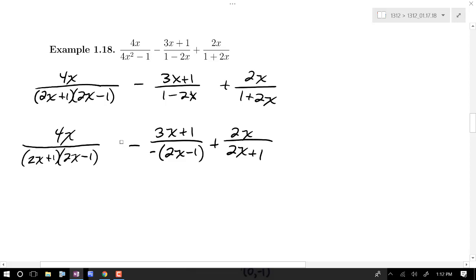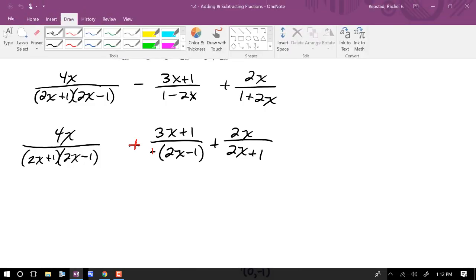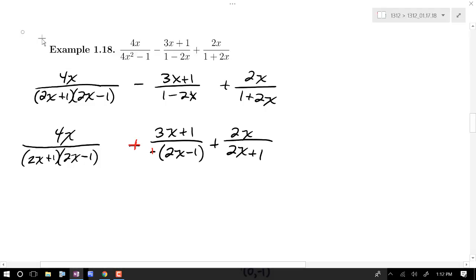And in the middle now we're subtracting what is a negative fraction, right? Because we have a negative in the bottom. So I'm just going to take care of that like so. Okay. Now, what do we need? What does the first fraction need?